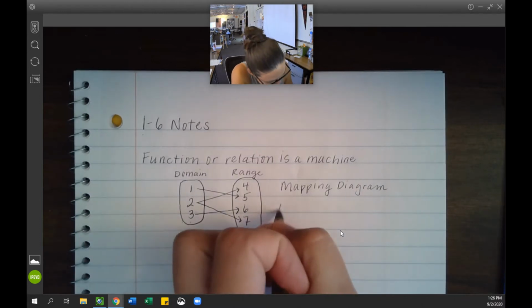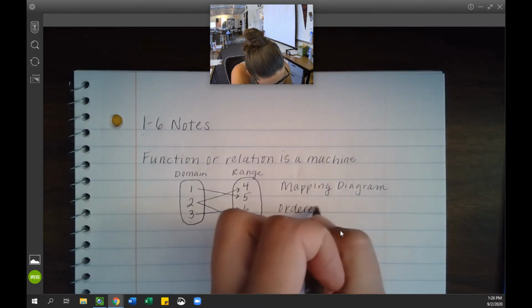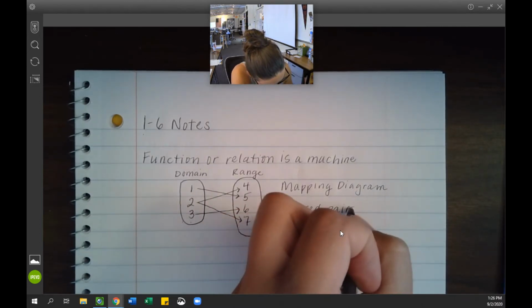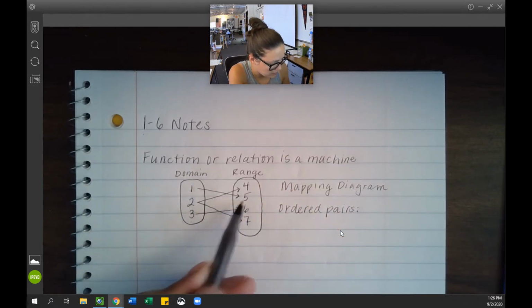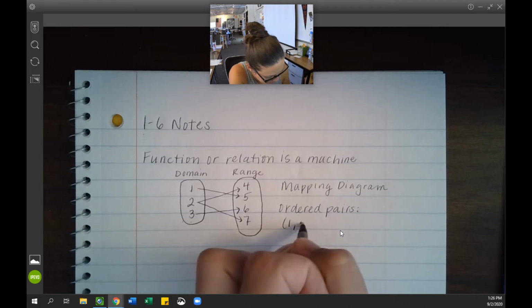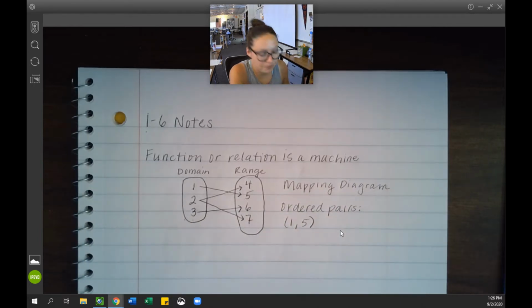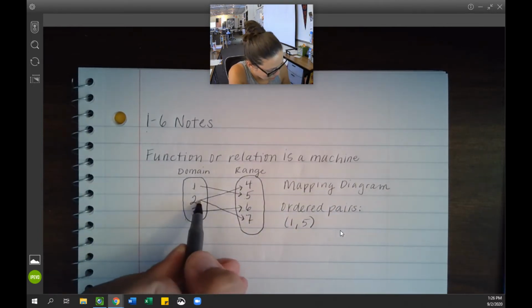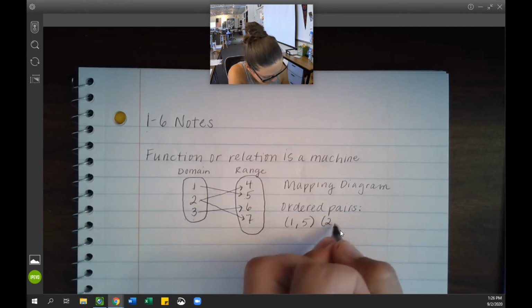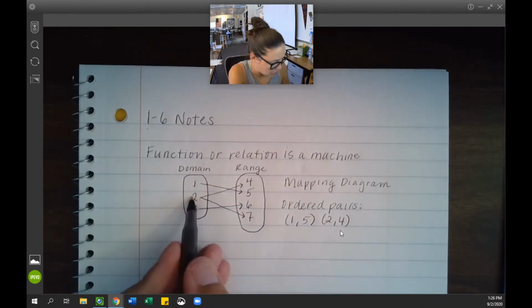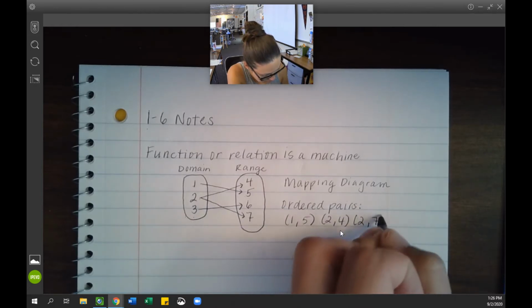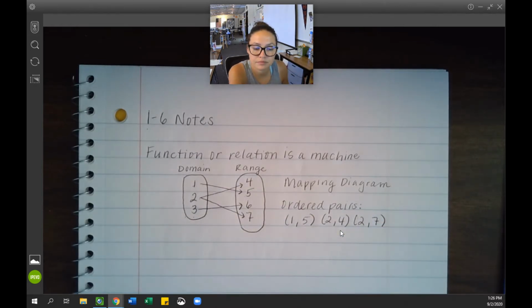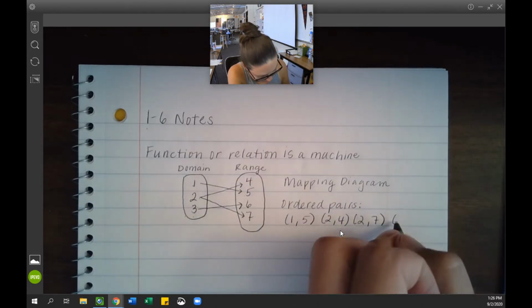Ordered pairs in this case would be 1, 5. I put 1 in, I get 5 out. Another one would be 2, 4. I put 2 in, I get 4 out. If I put 2 in, I also get 7. My last ordered pair would be 3, 6.